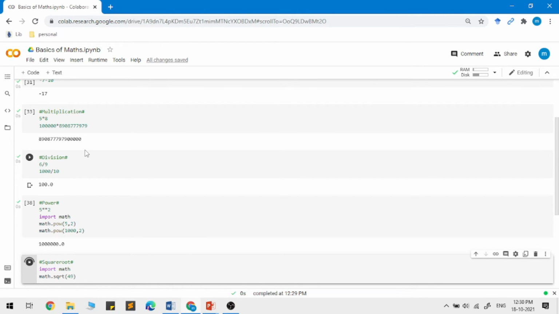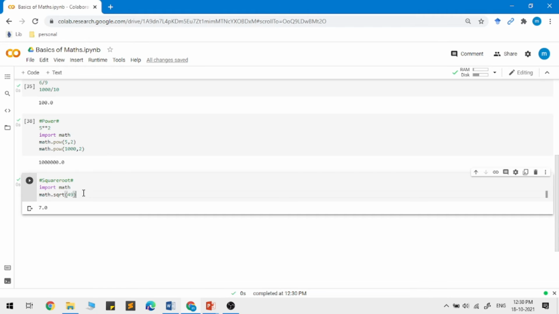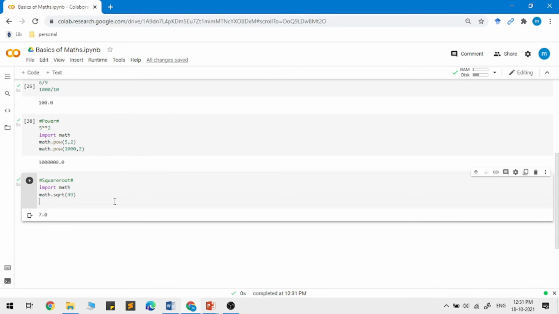So while you run the program, you can find it is 7. Okay, now I'm going to teach you how to find the square root of a large number. So math dot sqrt of a large number. It gives the square root of a very large number too. So you know how to find the square root of a number.